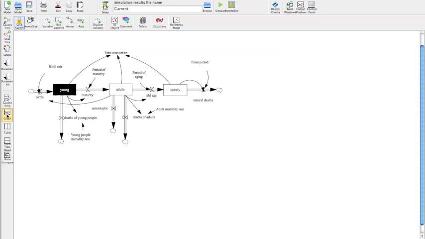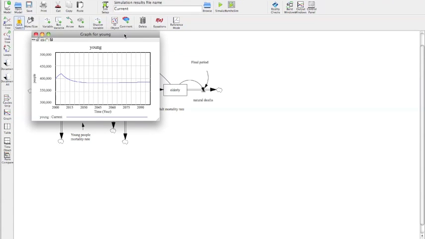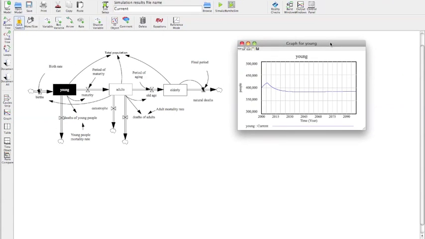Let's take a look at the young. Look at the young and graph it. It's interesting because this is very reflective of what happened. This actually picks up on the signal from the adults. The young are born, they start growing and becoming more as adults reproduce. Then the adults in 2005 take the hit for the catastrophe, and that makes the young population drop.